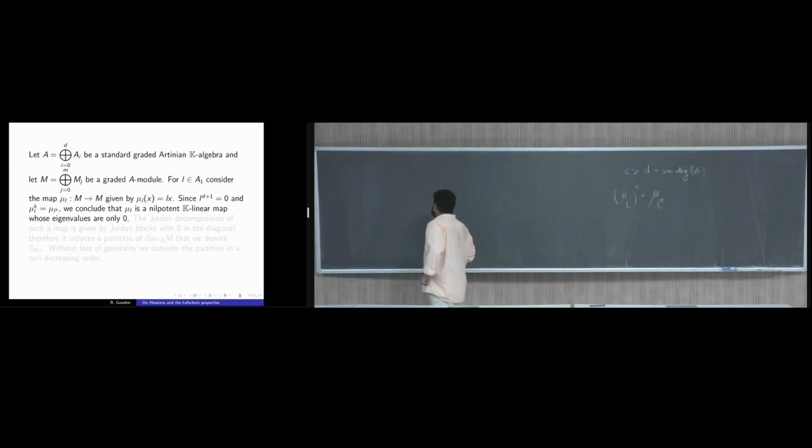So the canonical Jordan form for this nilpotent map is a matrix.